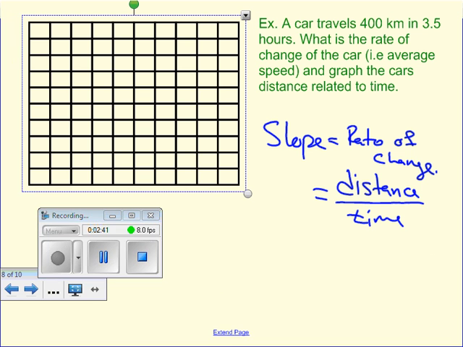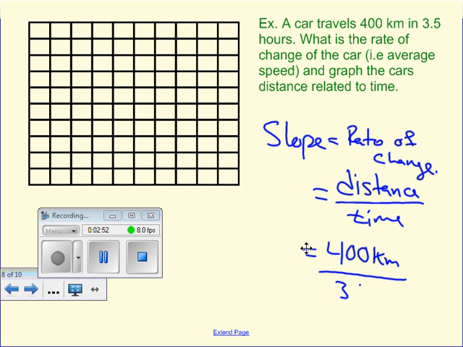So in this case, I traveled 400 kilometers in 3.5 hours. And that gives me a grand total of, taking up my trusty calculator, 400 divided by 3.5 gives me 114.3, we'll keep significant figures, kilometers every hour. So that's my speed, 114 kilometers every hour.